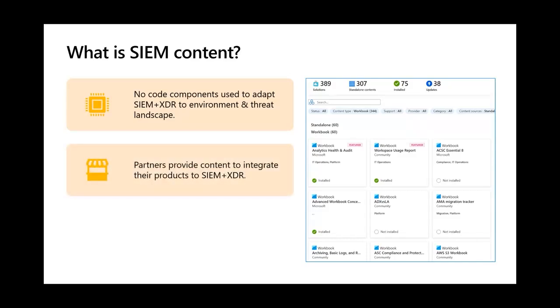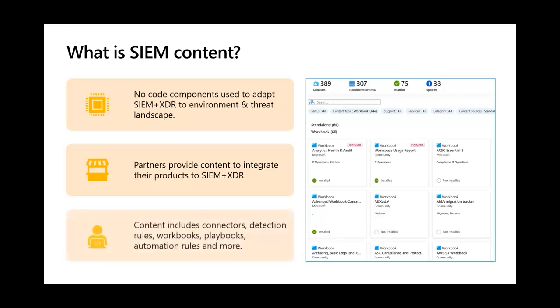It's also used by partners, by other vendors to provide integration of their products to our SIEM and XDR. So a software vendor or security vendor may create a solution that includes a connector as well as supporting artifacts to bring the value of their product within the SIEM.